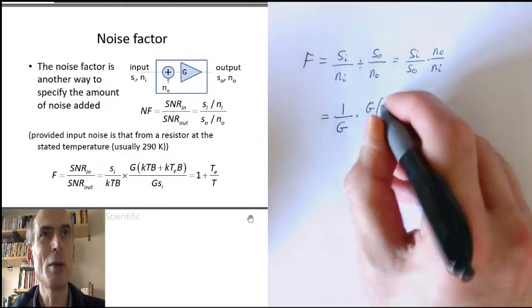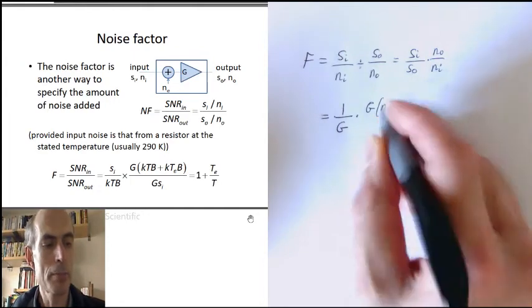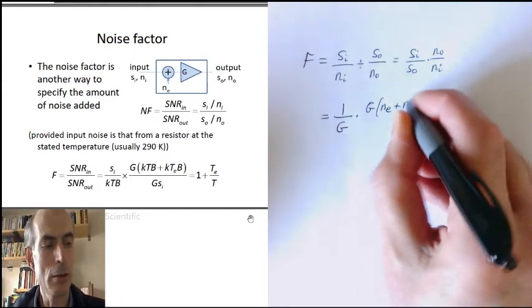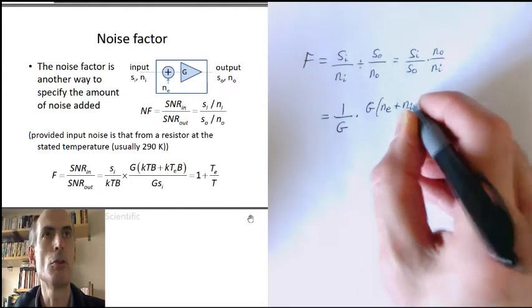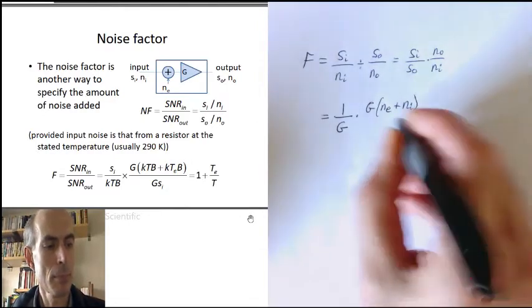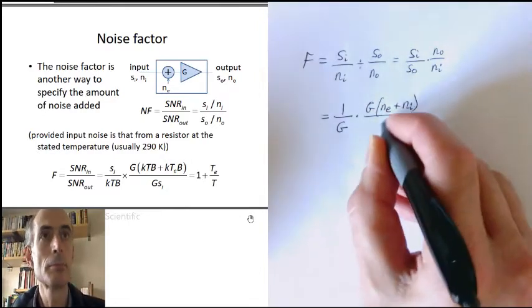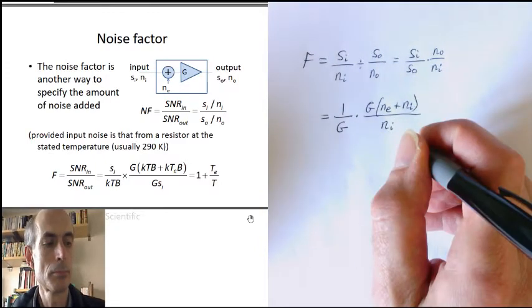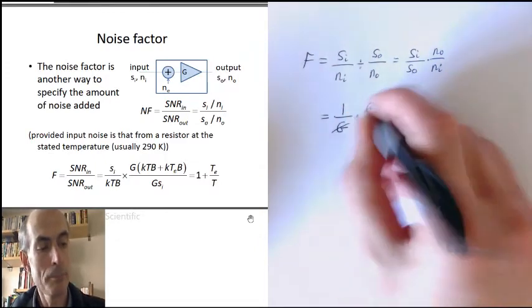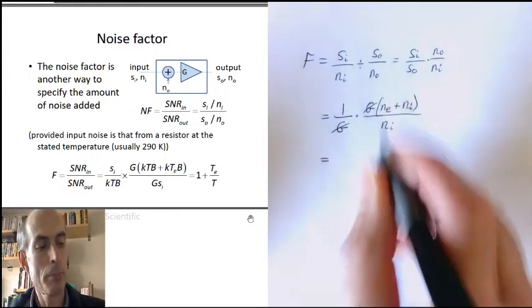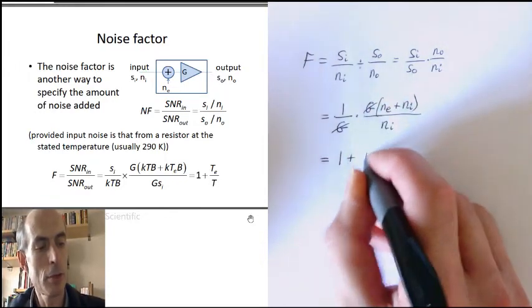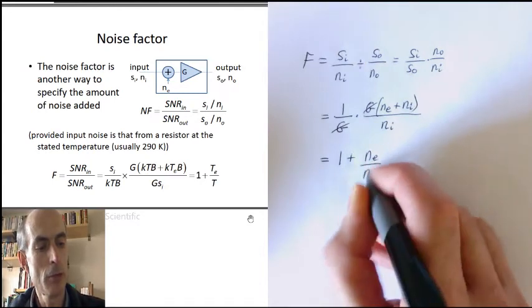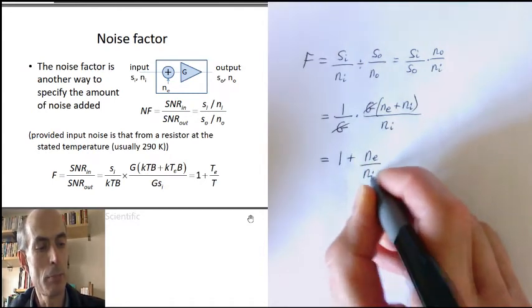So that's the equivalent input noise of the amplifier, NE, plus NI, where NI is the input noise to the system. These two G's cancel, and that ends up with 1 plus the equivalent input noise divided by the input noise.